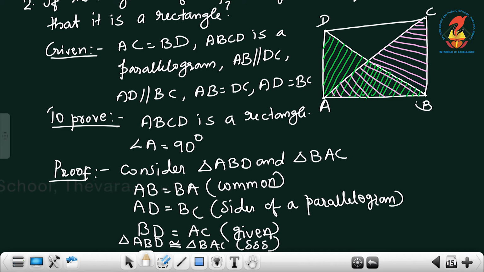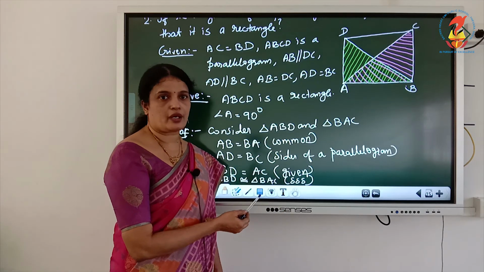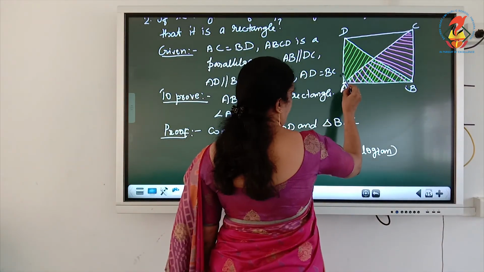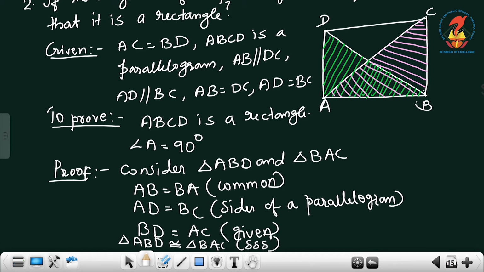Since these two triangles are congruent, corresponding parts of congruent triangles are also equal. That means angle A and angle B are equal. Angle A equal to angle B, reason CPCT, corresponding parts of congruent triangles. Here in this figure, AD and BC are parallel sides and AB acts as a transversal.